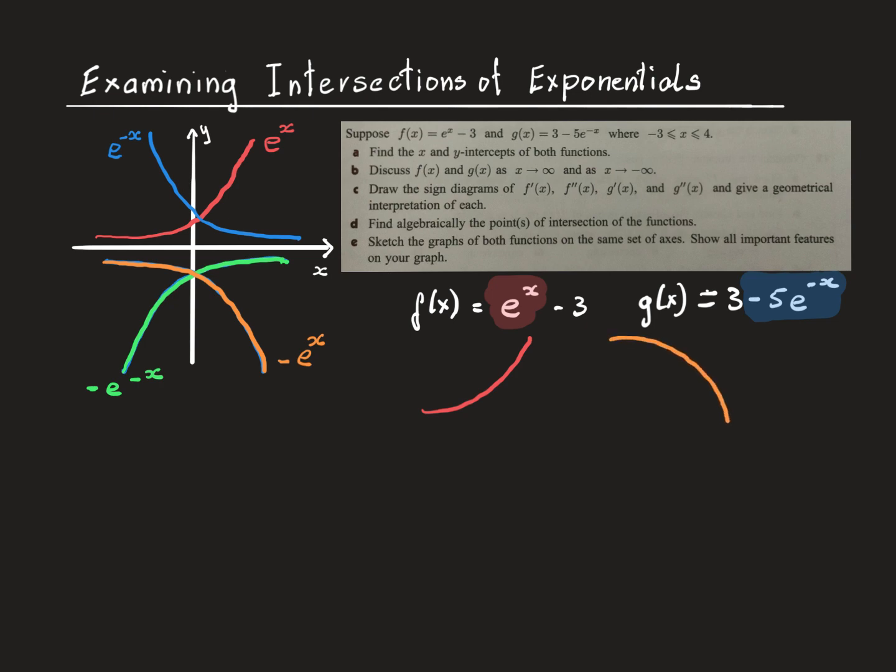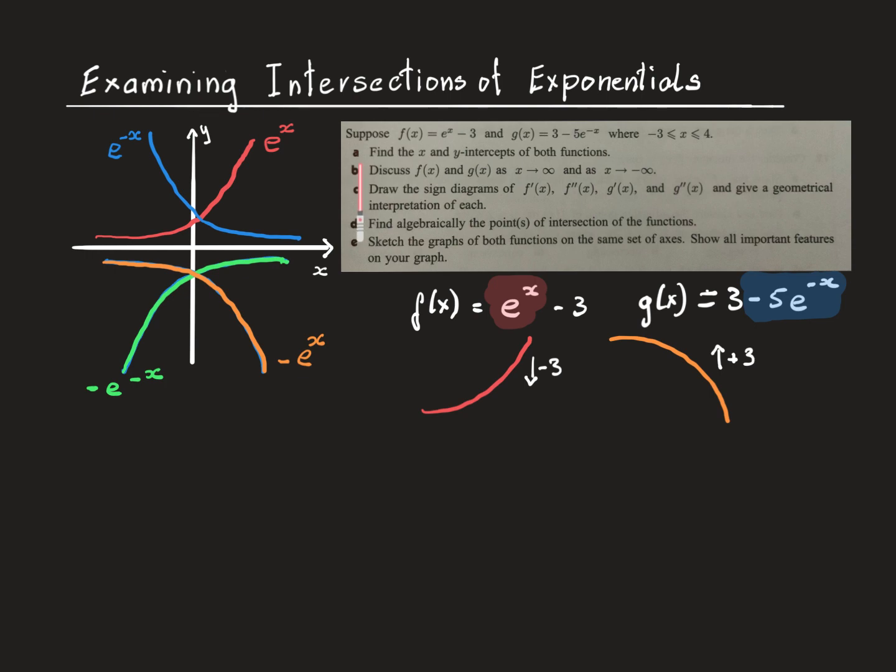The red function, f(x), is going to be translated 3 down, whereas the function g(x) is going to be translated 3 up. All this is just to show you what is about to happen. In part (a), you'll be asked to sketch the graphs of both functions, but we're not doing this at the moment. I'm just giving you a brief description.